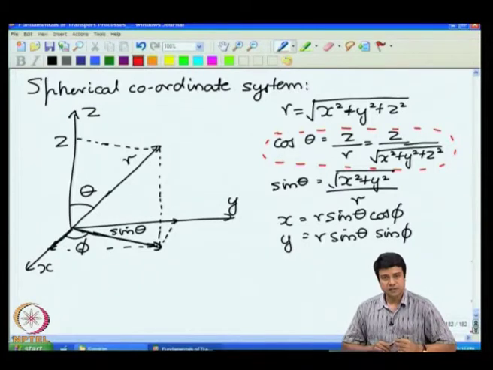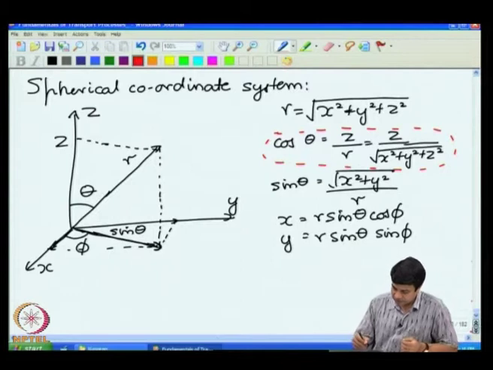If z is negative and x and y are 0, then cos theta is equal to minus 1. That means that cos theta can vary only from plus 1 to minus 1, which means that theta varies from 0 to pi.